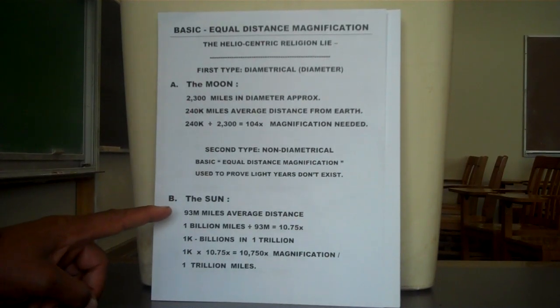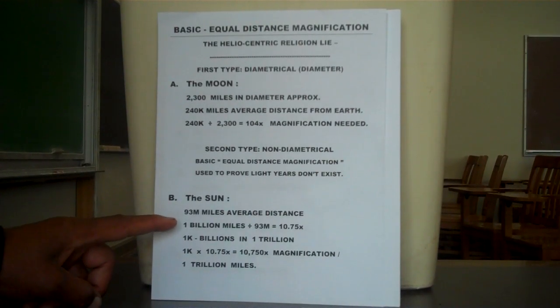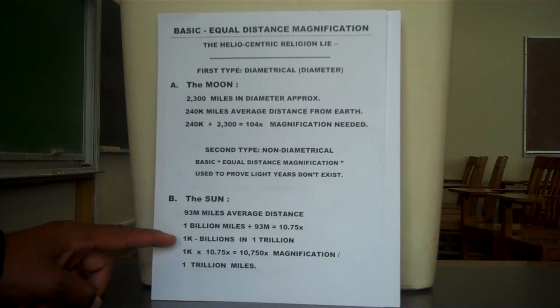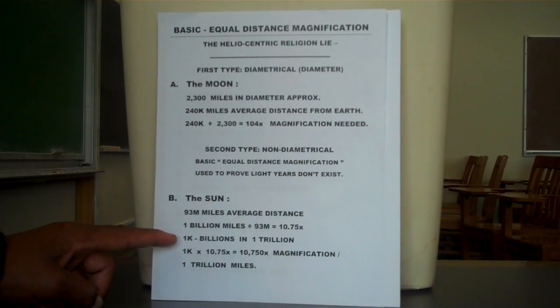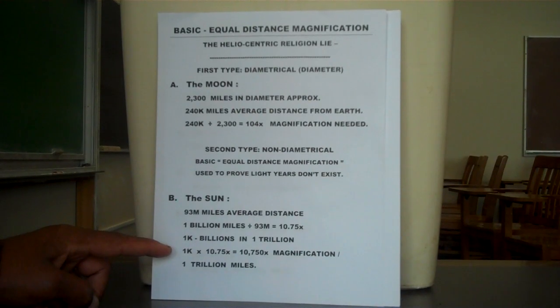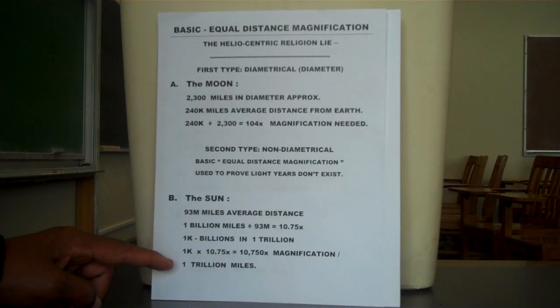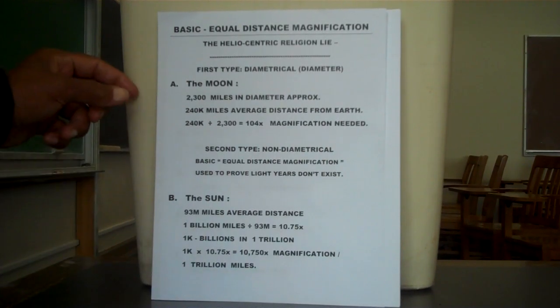You have been taught since childhood that the sun is 93 million miles average distance from Earth, such that 1 billion miles divided by 93 million miles equals 10.75x magnification, and such that 1,000 billions is in 1 trillion, such that 1,000 times 10.75x equals 10,750x magnification needed, and that's only per 1 trillion miles.